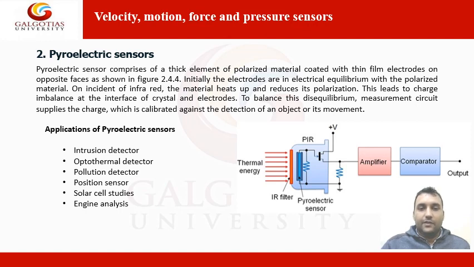This leads to an imbalance at the interface of the crystal and electrodes. To balance this equilibrium, the measurement circuit supplies a charge which is calibrated against the detection of the object or its movement. Then the amplifier is there, and then a comparator is there, so the output can be compared to check whether it is the same as the last previously supplied charge or not.